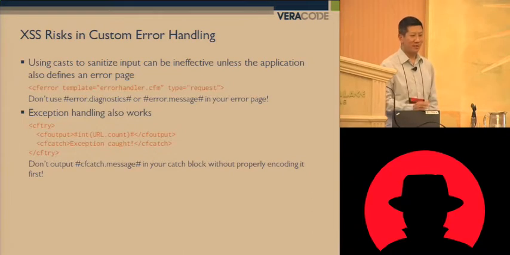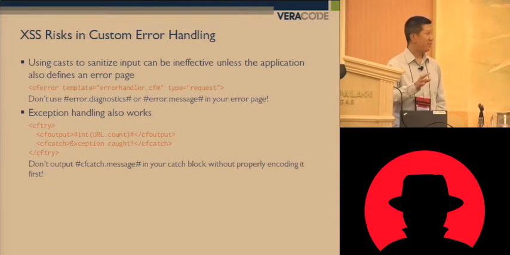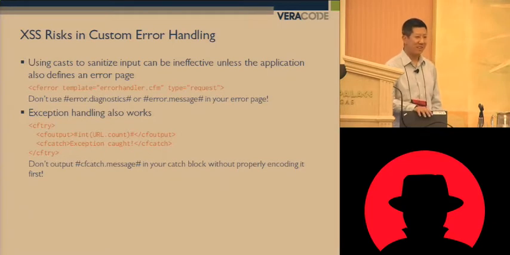So if you have your custom error handler, you're not using the default error page, you define your custom error handler to avoid the problems with the default page. And on your pretty error handling page, you print out, sorry, an error occurred, here's what happened, and then you output error.message. You've just caused cross-site scripting.